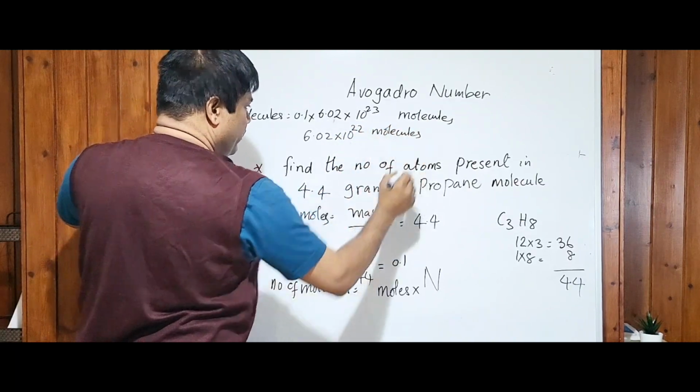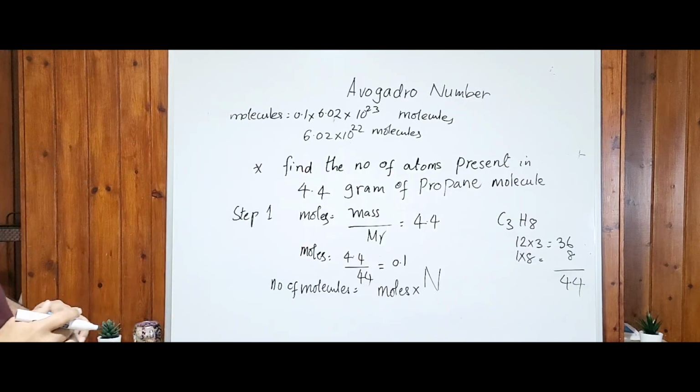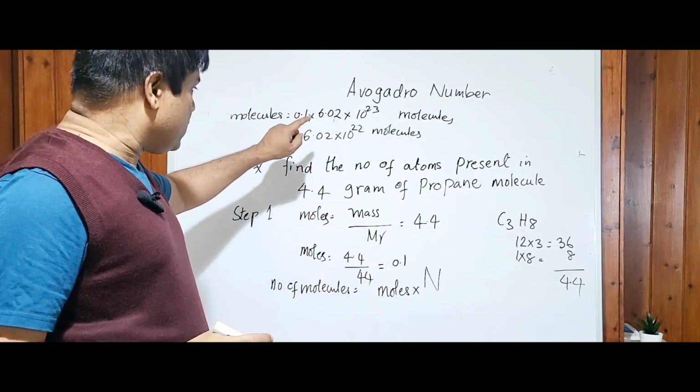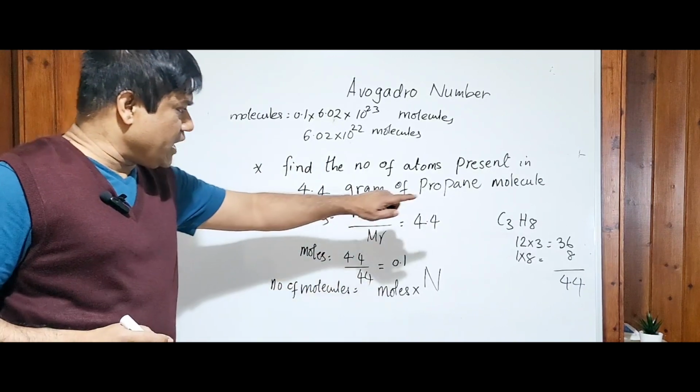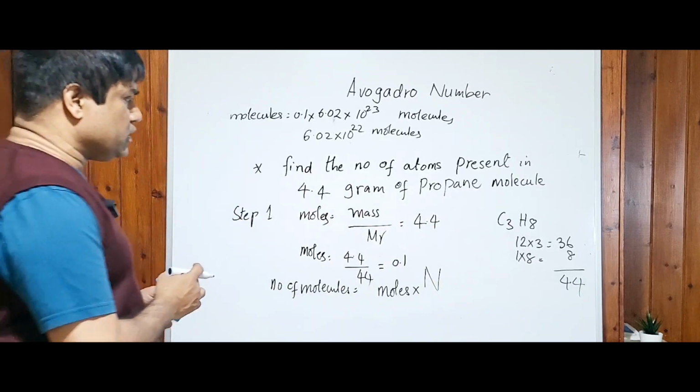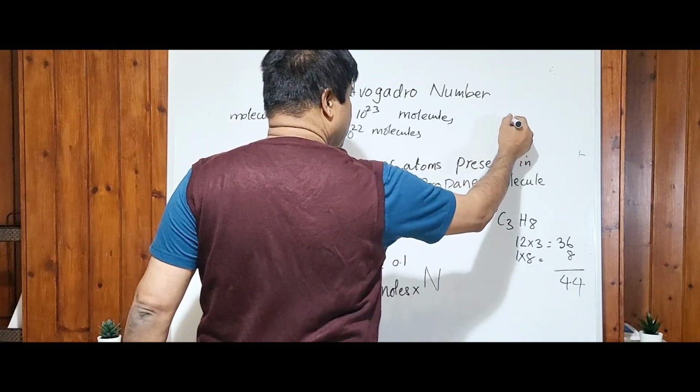Now, how can we work out the number of atoms after we got the number of molecules? Look at how many atoms there are in propane.